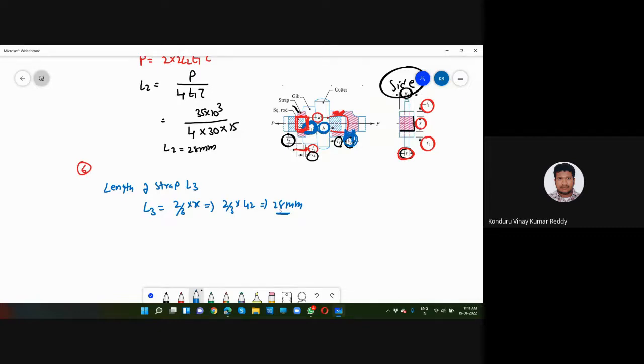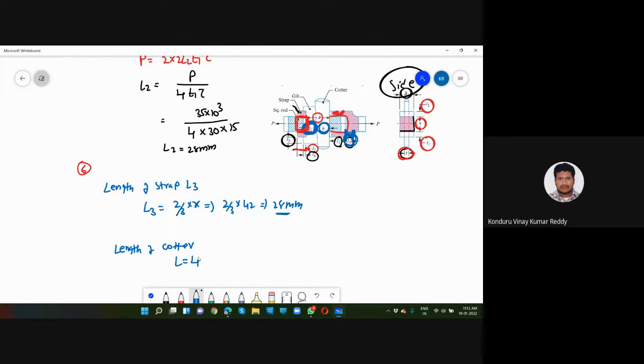Here we have found almost all the values. If you want to find one more value, you can find the length of the cotter. We already know the formula: length of cotter L is equal to 4 into the diameter of the shaft.